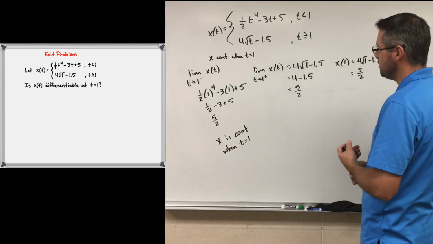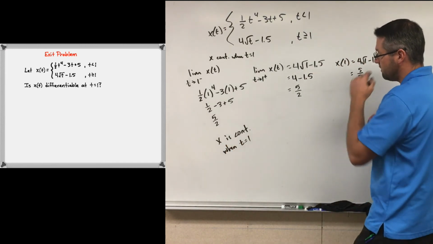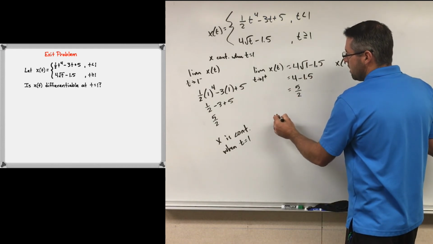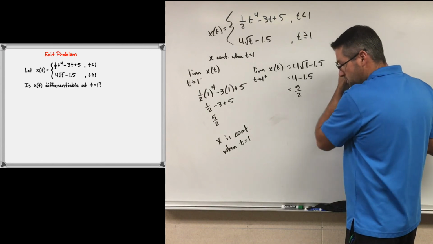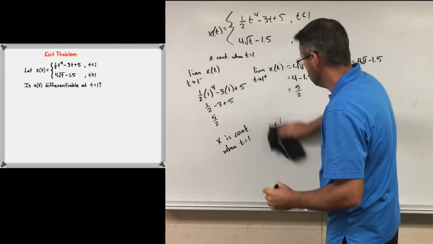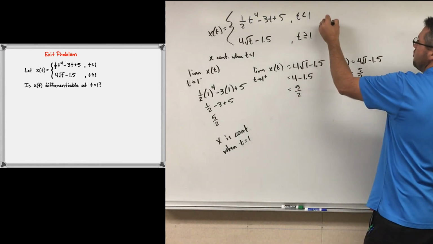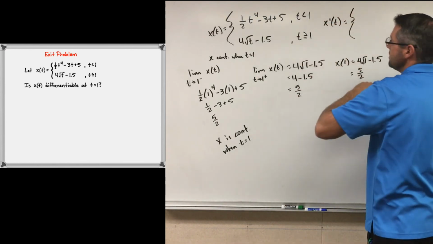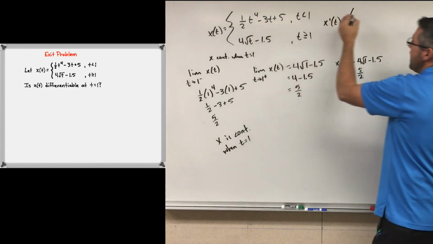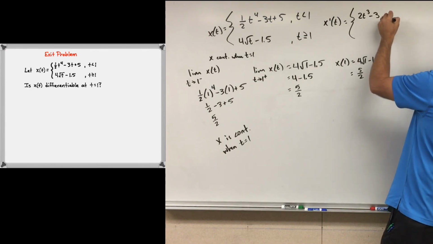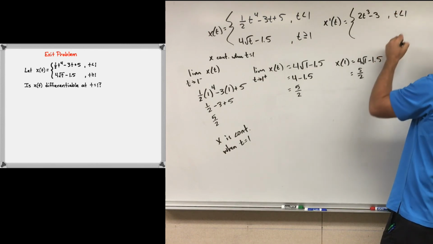The next thing we need to do is figure out the left and right hand derivatives. Now we know rules, so that's kind of nice. We can write an expression for the derivative x prime. Let me go ahead and do that. X prime of t is going to be a piecewise function, just like this is. So the derivative of this guy is going to be 2t to the third minus 3, and that's for all values t is less than 1.